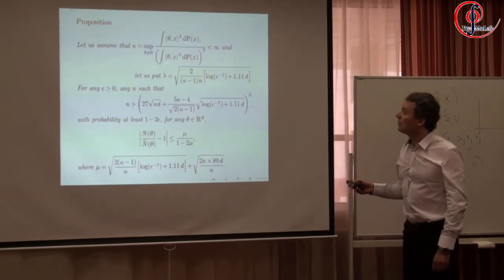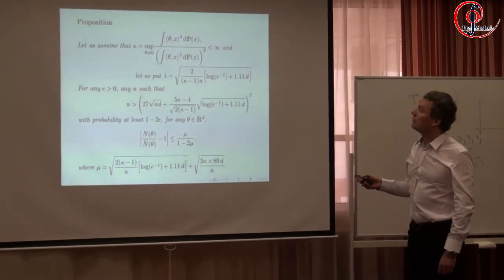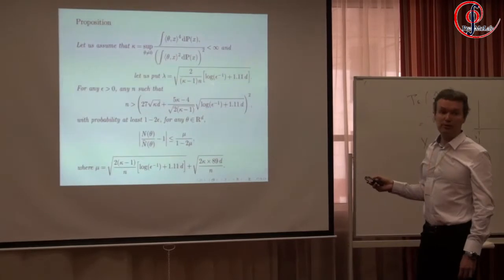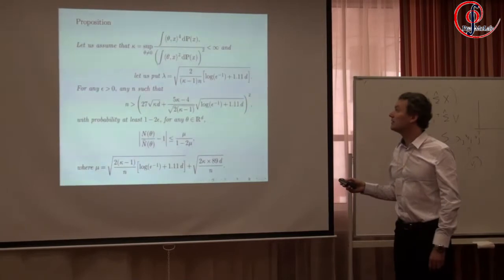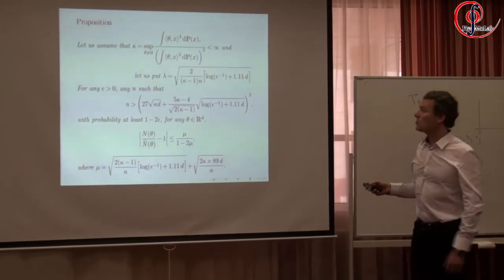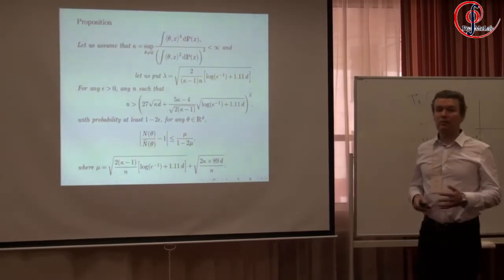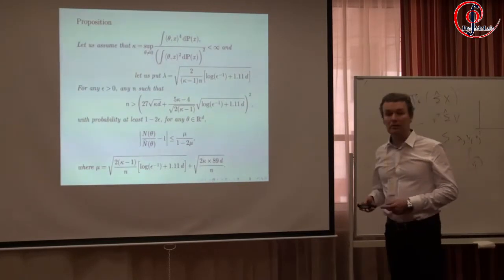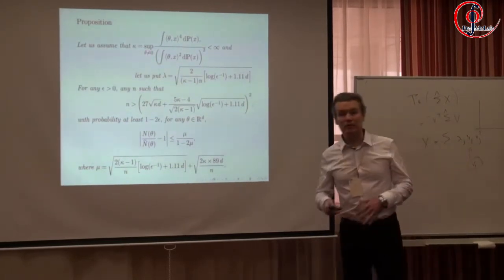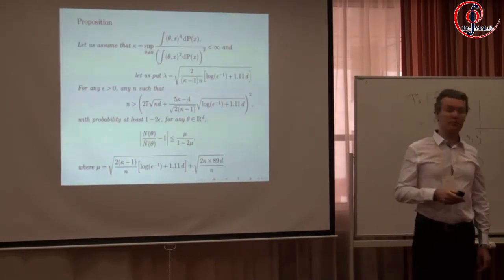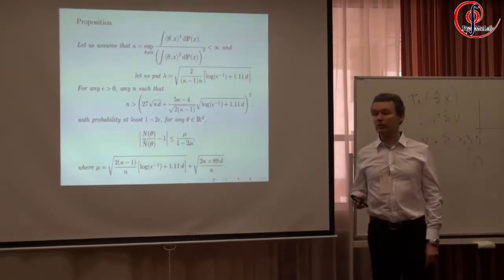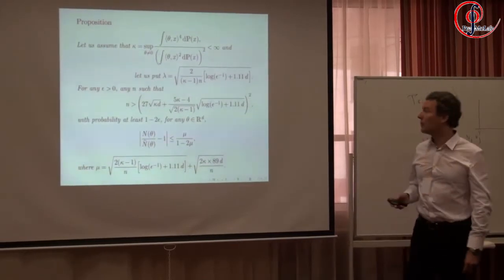So I'm controlling the ratio between the moment of order 4 and the square of the moment of order 2 of what I'm trying to estimate. I'm trying to estimate this expectation, so I need some hypotheses on the variance and on the tail distribution. And it turns out that if I have a hypothesis on the variance, using the influence function psi, I don't need any further information about the tail distribution.